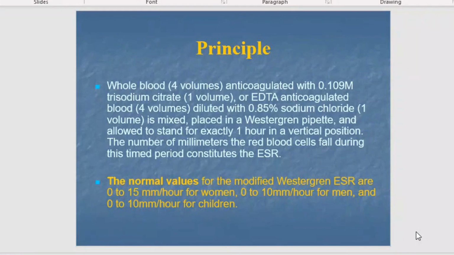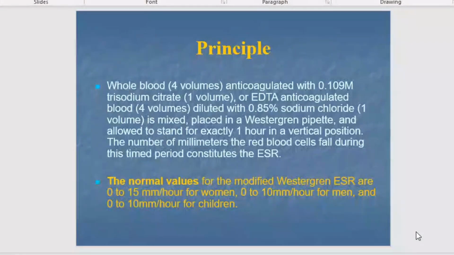The normal values for the Westergren ESR are 0 to 15 millimeters per hour in case of women, and in case of men it is like 0 to 10 millimeters per hour, whereas in children it is like 0 to 10 millimeters per hour.